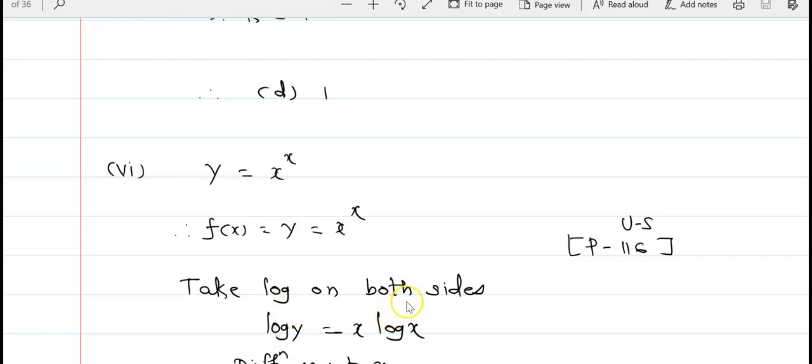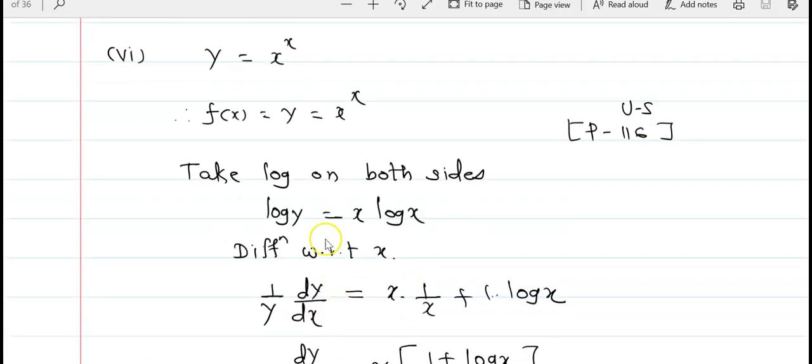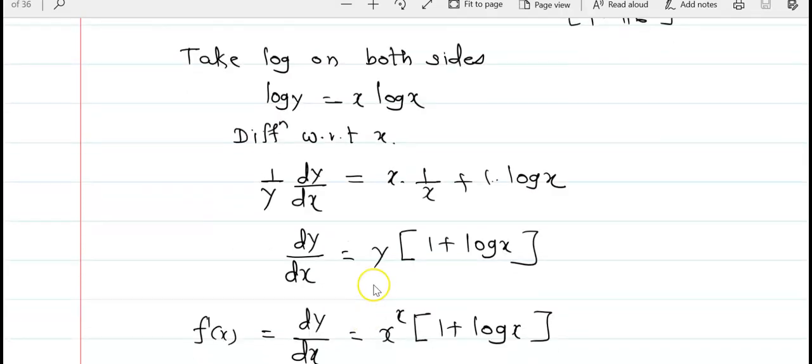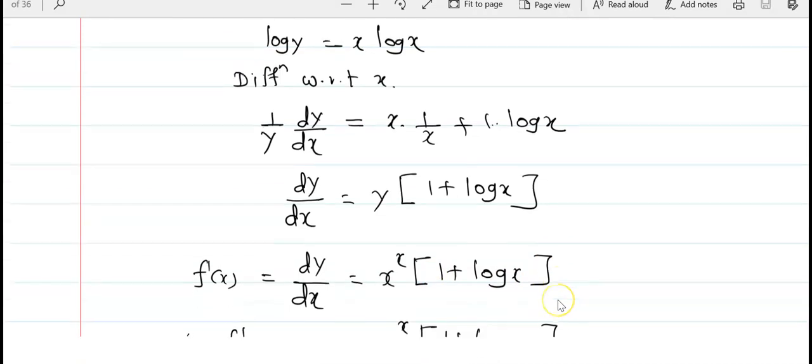Differentiate with respect to x. Therefore, 1 upon y into dy by dx is equal to x into the derivative of log of x, which is 1 upon x, plus 1 into log of x. And you will get dy by dx is equal to y into, in bracket, 1 plus log of x. Therefore, f dash of x is equal to dy by dx is equal to x raised to x in bracket 1 plus log of x.